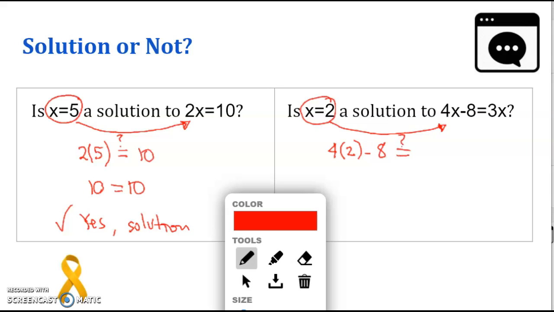Is that equal to 3 times the value of x, which is 2? 4 times 2 is 8. 8 minus 8 is 0. The left hand side simplifies to 0 and the right hand side simplifies to 6. And we know that 0 is never equal to 6. So we know that no, not a solution. So x is equal to 2 is not a solution to this equation.